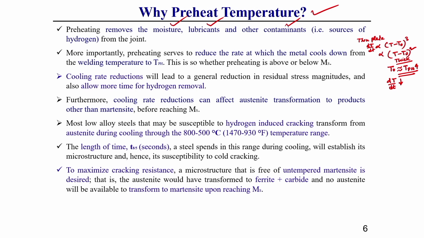Cooling rate decrease means the material takes more time to cool. What I am telling, understand, it takes more time. So, it generally allows more time for hydrogen to escape, for hydrogen removal. It provides more time for hydrogen removal, because hydrogen generally has a critical effect on weld quality.